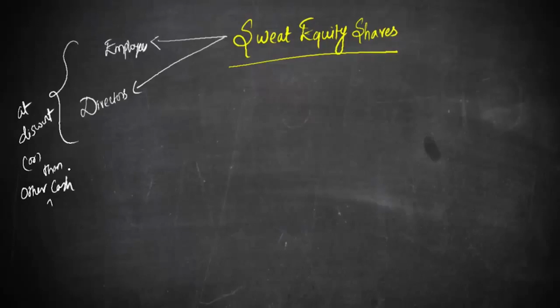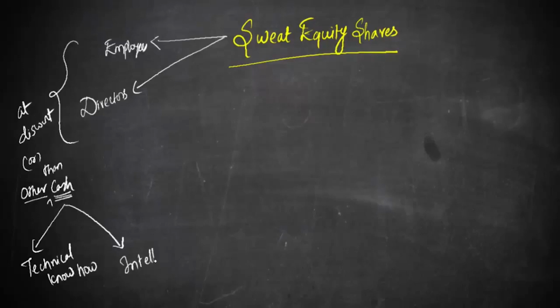So what are the possible reasons where you issue shares for consideration other than cash? Number one, probably that employee is contributing to the technical know-how of the business. So for the technical know-how you are making the consideration in the form of shares other than cash, or you are going to issue shares for the intellectual property of the employee or of the director, or it may be for some other reason, but he is making value addition to the organization, so you are issuing shares for consideration other than cash.